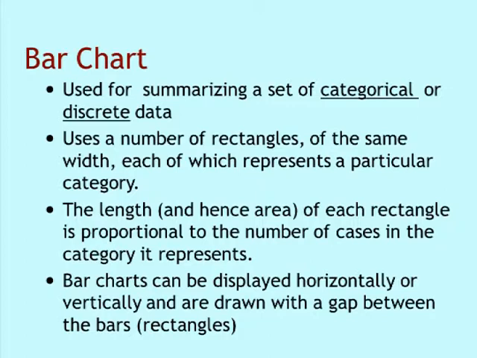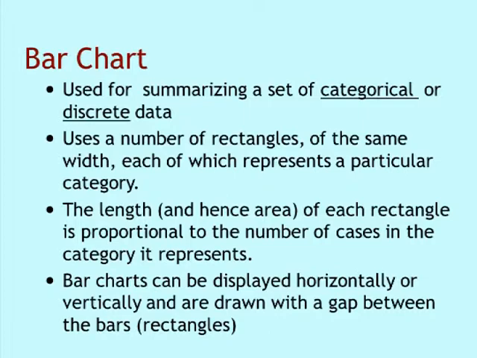Length of each rectangle is proportional to the number of cases or frequency of the cases in the category which it represents. Bar charts can be either displayed horizontally or vertically. And the most important thing to differentiate between a bar chart and a histogram is that in a bar chart, there will always be a gap between any 2 bars in that particular bar chart.